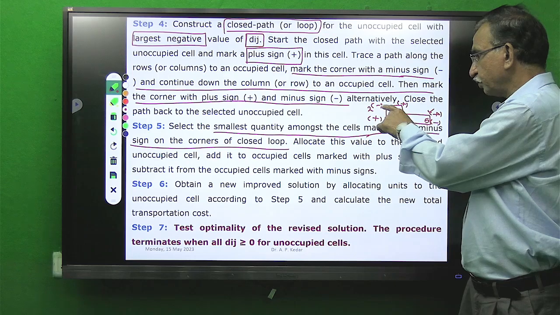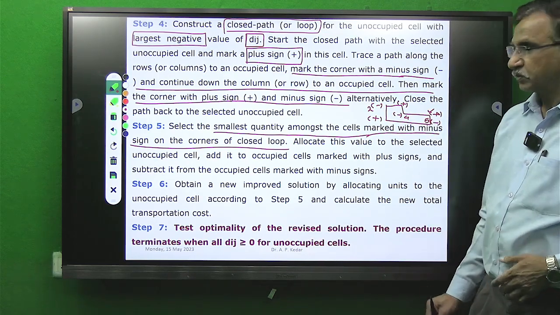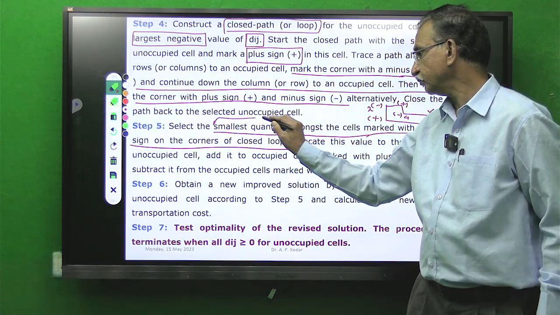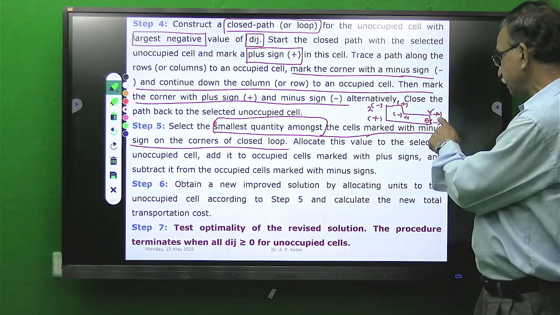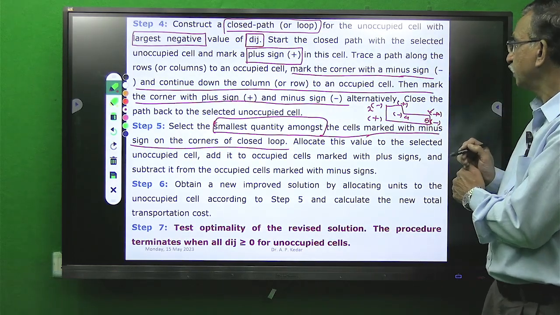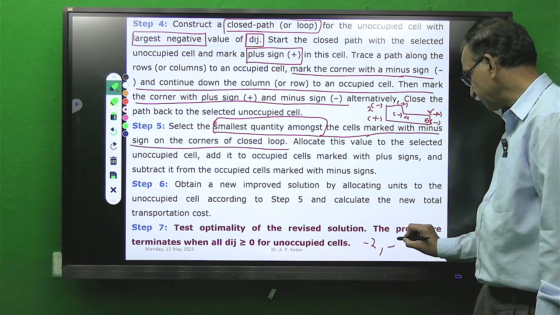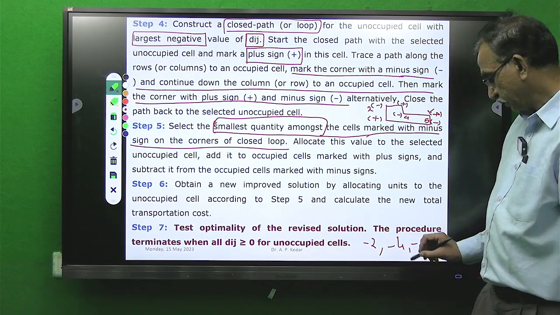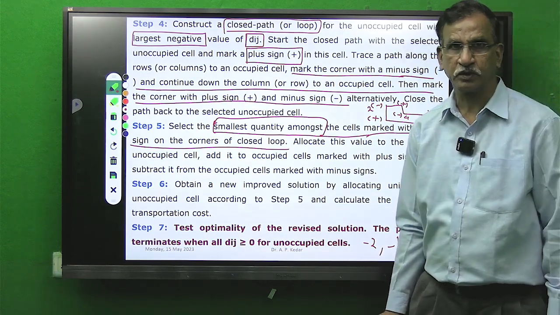So it is to be treated as minus 2, minus 4, minus 5. So logically the smallest quantity with minus sign is minus 5. If you compare minus 2, minus 4, minus 5, definitely this minus 5 is the smallest one.